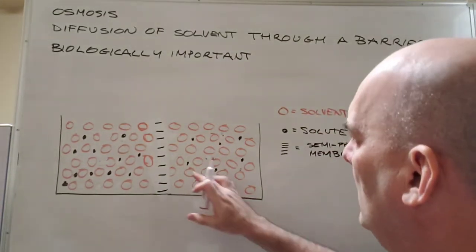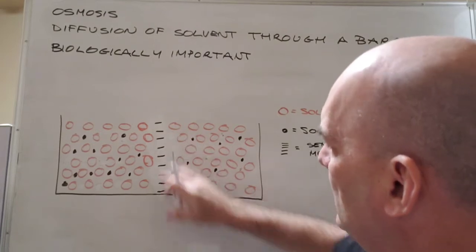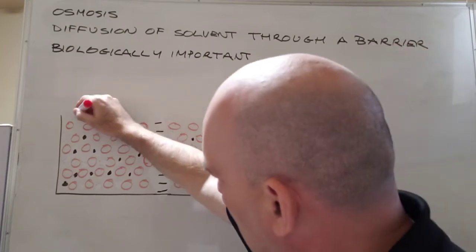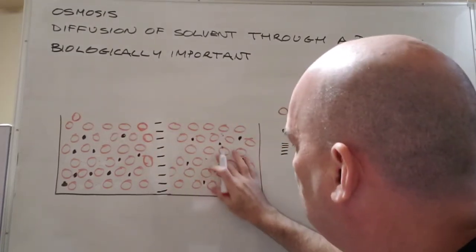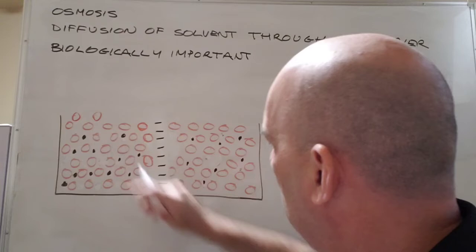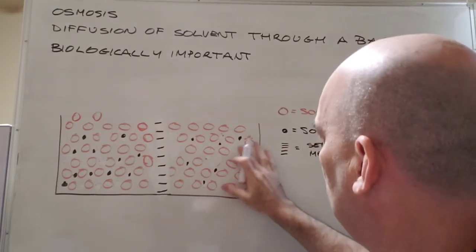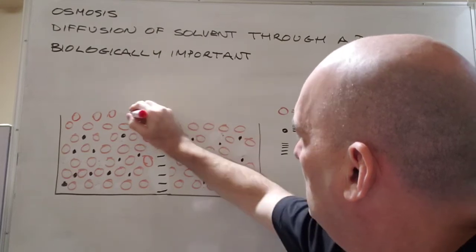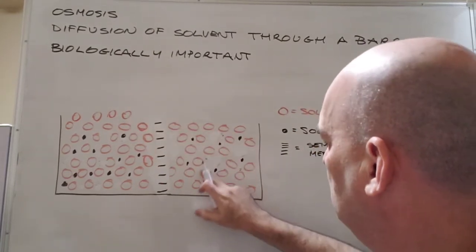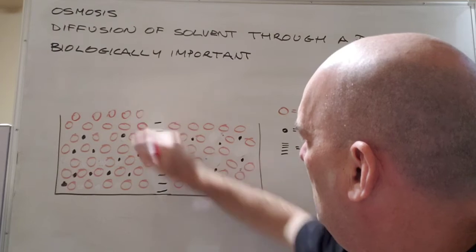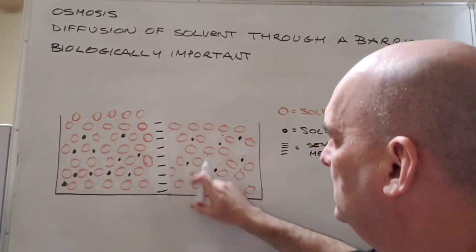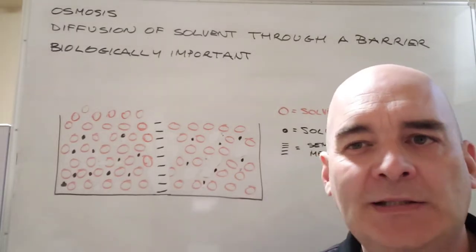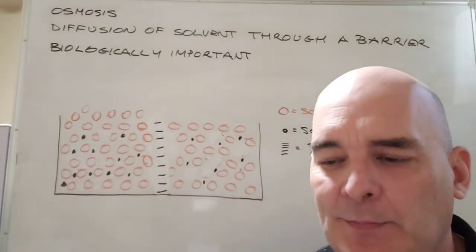And so in order to even the concentration on both sides out, the water moves from this side to that side until the balance of water to solutes on both sides is even. This has dramatic biological importance.